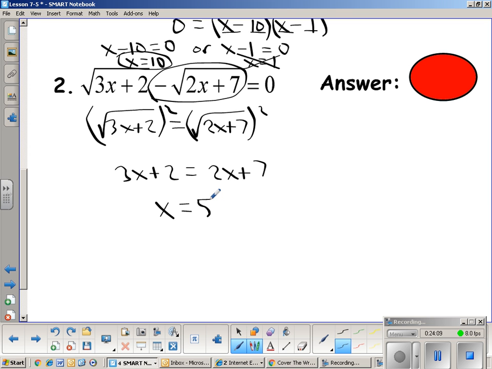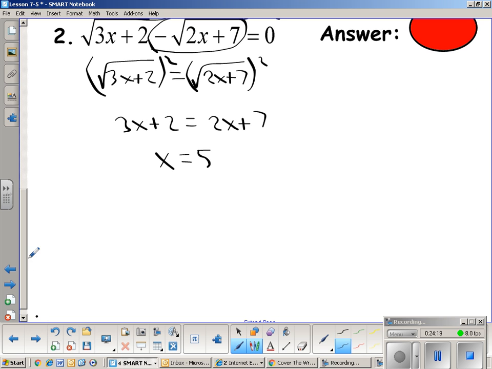Nice and clean, no problem. Got a nice number. Probably not setting off any alarms, but it's possible that doesn't work. So we have to go back to the original: square root of 3 times 5 plus 2 minus the square root of 2 times 5 plus 7, and ask, is that equal to 0? Well, what's 3 times 5? 15. 15 plus 2 is 17.